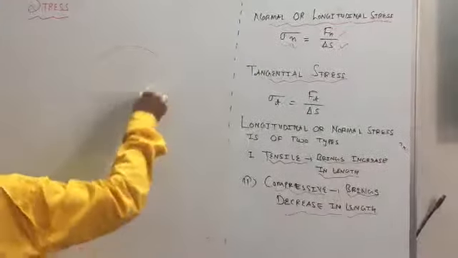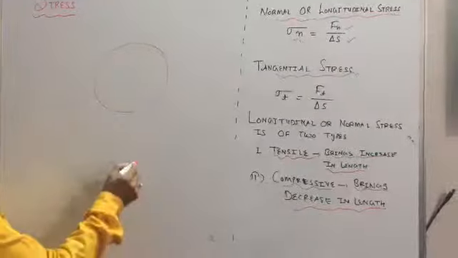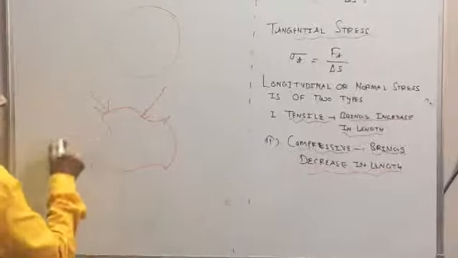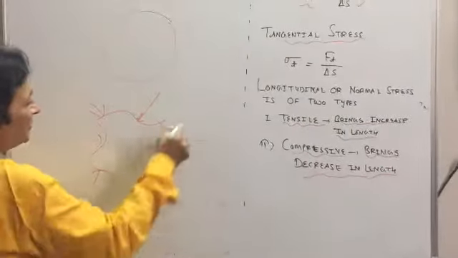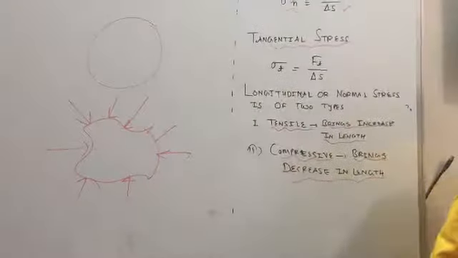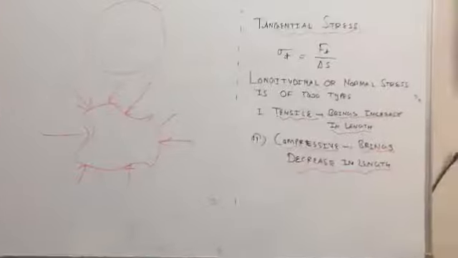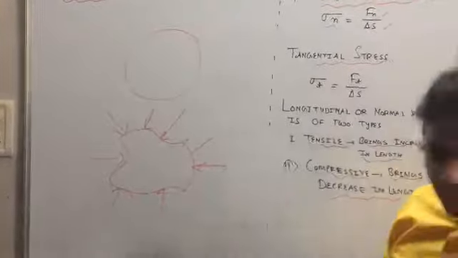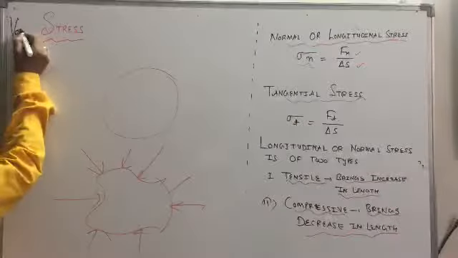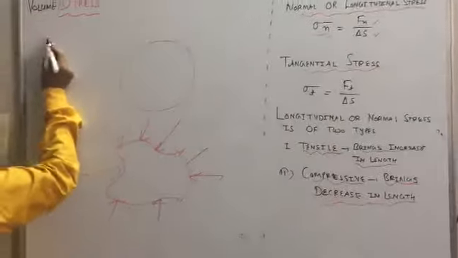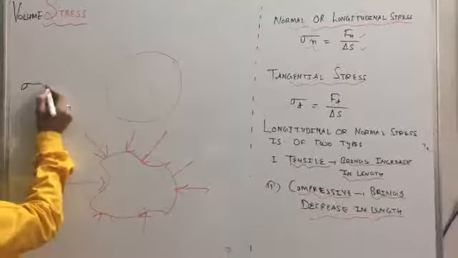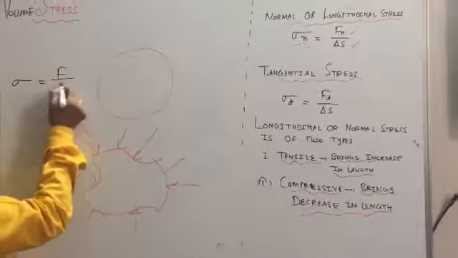This is a uniformly shaped material, and if on this material we apply force from all directions, there is a decrease in volume or increase in volume. The decrease or increase in volume is on account of volume stress. And volume stress is equal to force upon area.